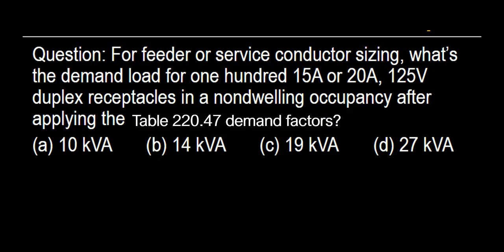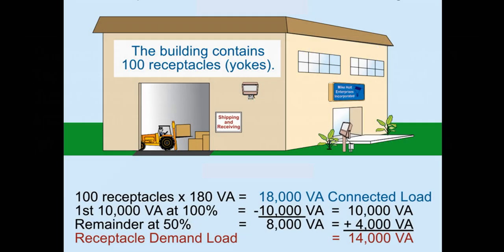For feeder and service conductor sizing, what's the demand load for 100 15 or 20 amp, 125 volt duplex receptacles in a non-dwelling occupancy after applying 220.47 demand factors? Well, let's see what that is. You have 100 receptacles calculated at 180 VA, so that's 18,000 VA connected load.